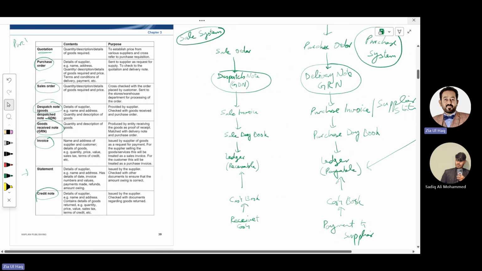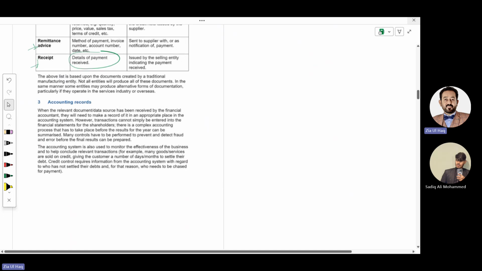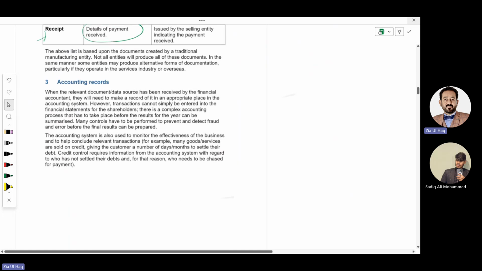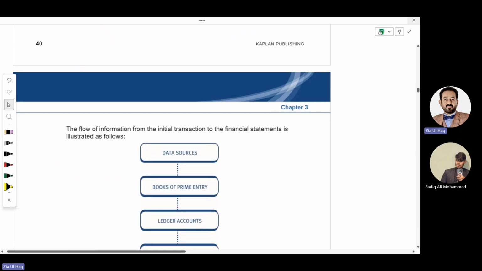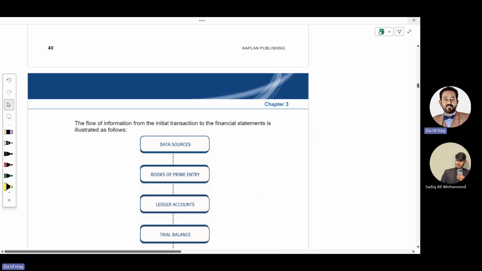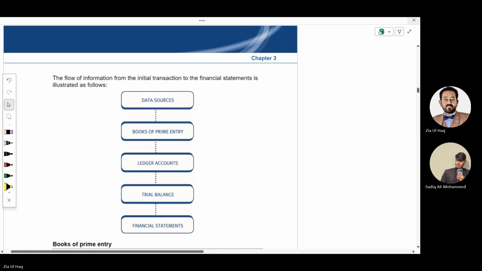So we have learned what the sales system is, what documents are generated in the sales system, and what the purchase system is, and what documents are generated in the purchase system. Now we are moving towards accounting records. What are the accounting records where a company needs to record the transactions? A company needs to record the transactions in books of prime entry.